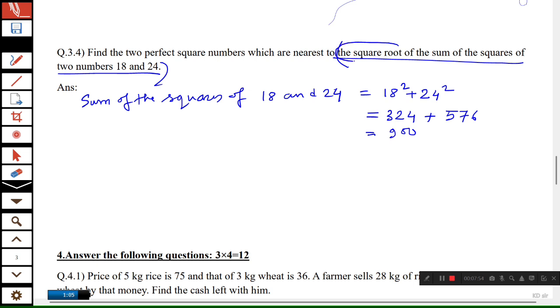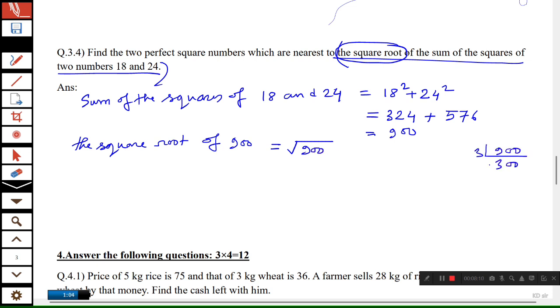So also we have to find the square root. So the square root of this 900 is equal to root under 900. So if I factorize this 900, this is 100, 100 means 10 into 10. We may factorize this by 5 and 2, also by 10, 10, since 10 square is 100.